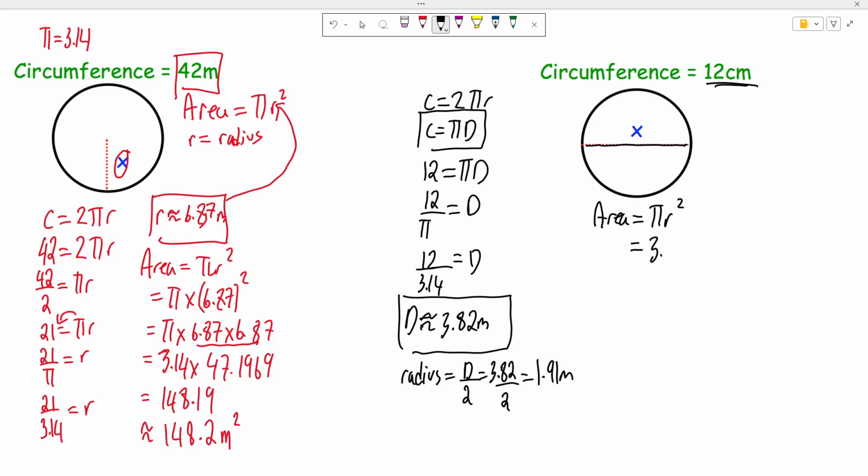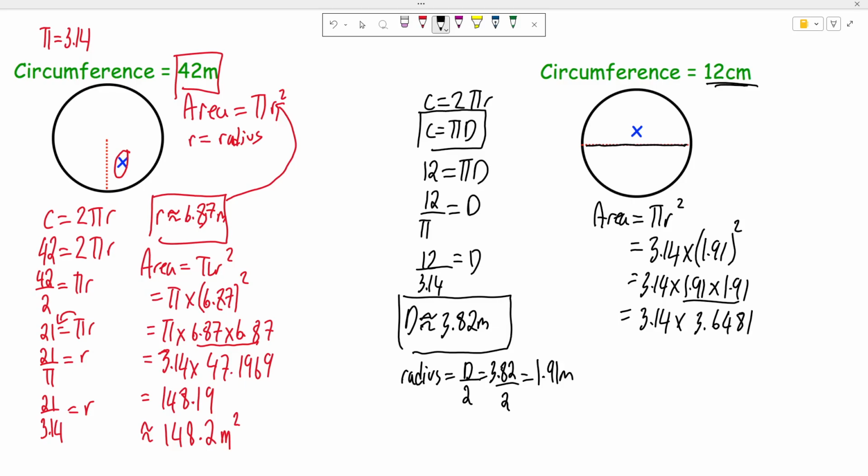So we have 3.14, which is the value of pi, multiplied with 1.91 square. Again, 1.91 square, let me write it down, is the same as 1.91 times 1.91, right? We're multiplying the same number twice. Now 1.91 times 1.91 is going to give us 3.6481, times 3.14.